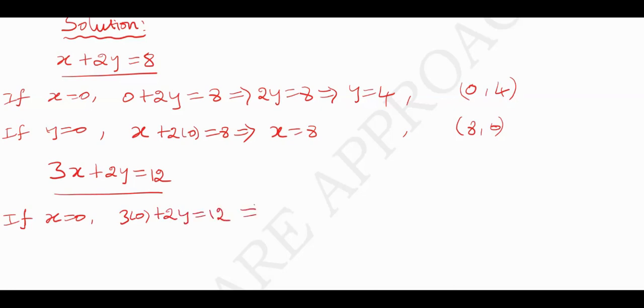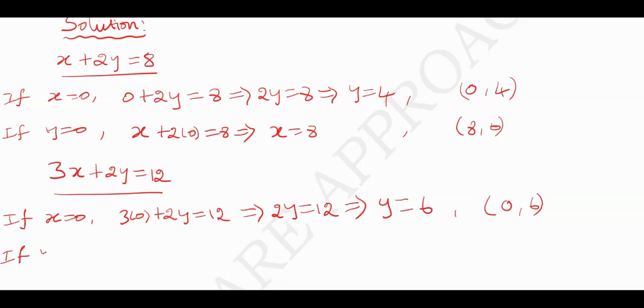From this, 2y is equal to 12, which implies y is equal to 6. So the point is 0, 6. X is 0, y is 6.